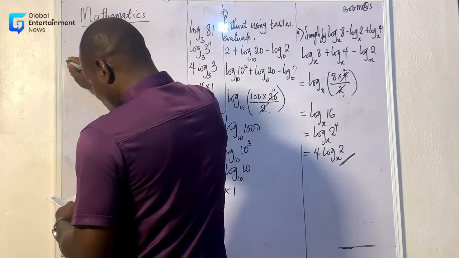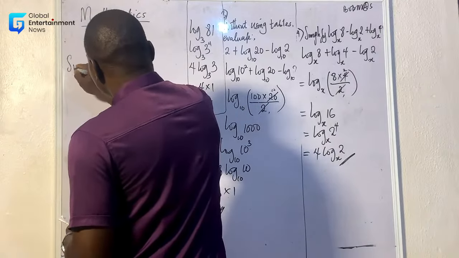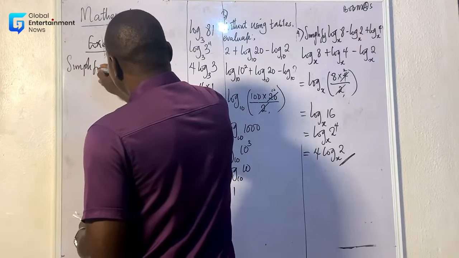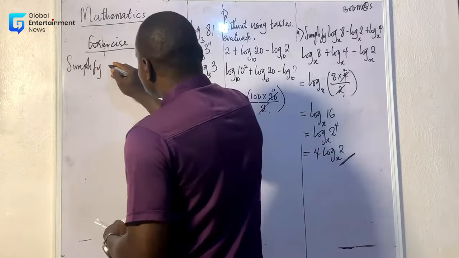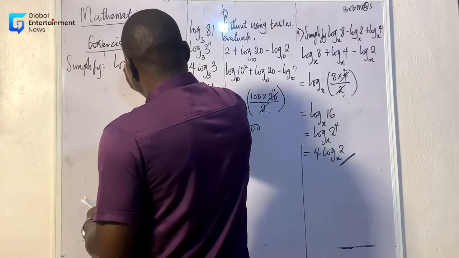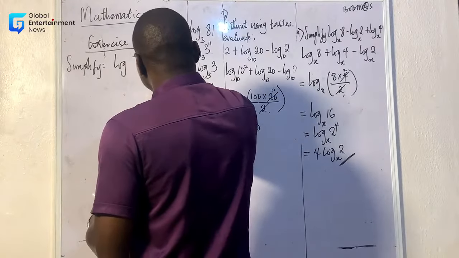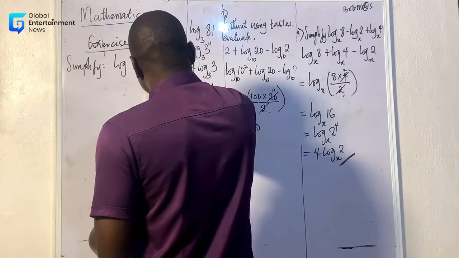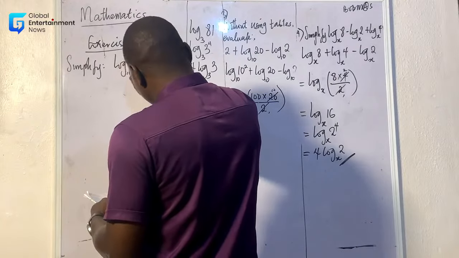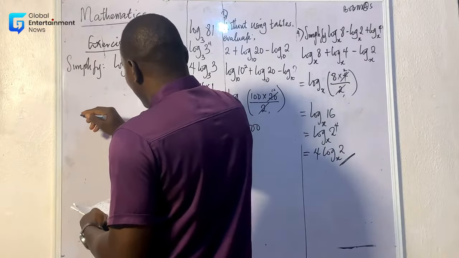It says simplify log root 1000 base 10. That is number 1.